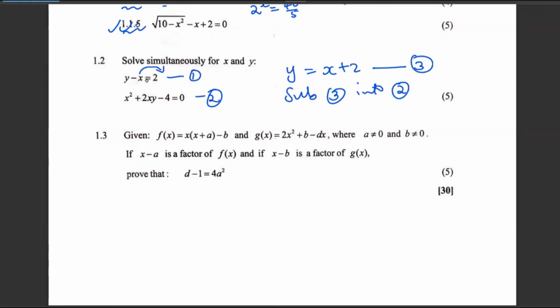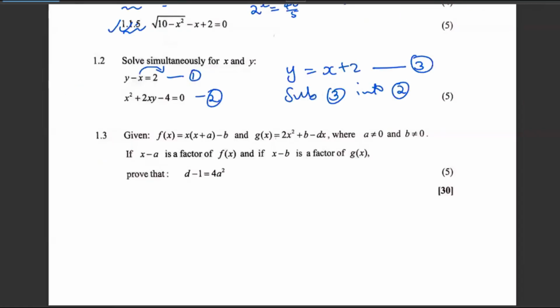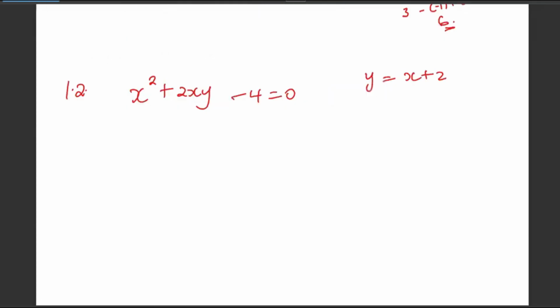So I'll put it this side. This is 1.2. So we have x squared plus 2xy minus 4 is 0. But we said our y is going to be x plus 2. Is that true? Good. So we just substitute this where there is y, we punch that there.